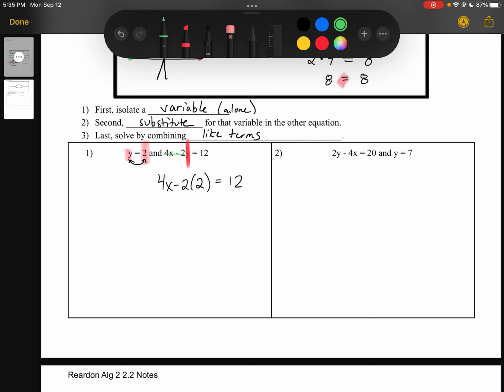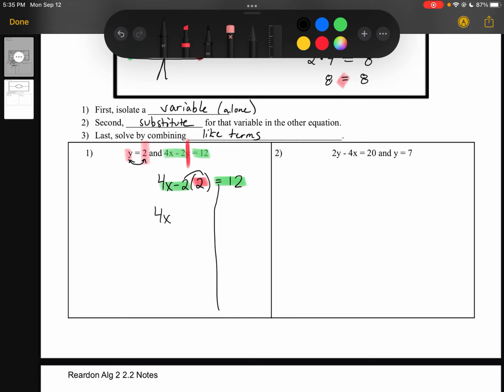So the 4x and minus 2, unchanged, equals 12, unchanged. The only thing that we've done here is we've just replaced our y with an equal value. So y is equal to 2, we're allowed to do that, so we just interchanged y with 2. So from here, all that we're going to do is just draw our equal sign line down and continue to solve.